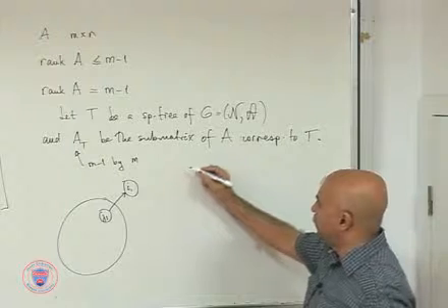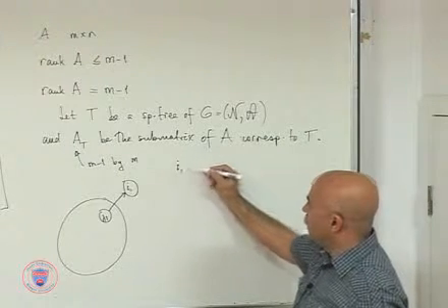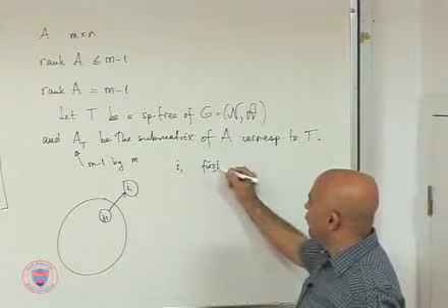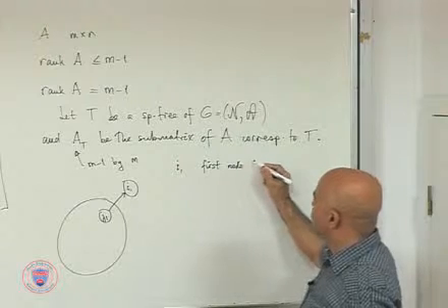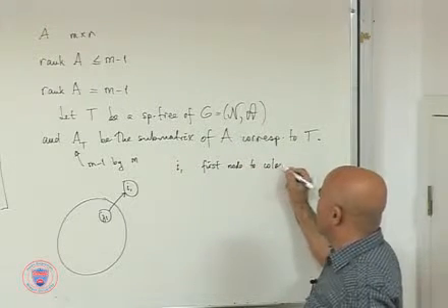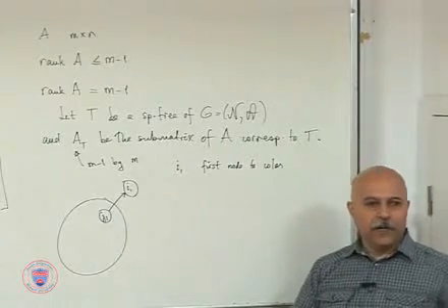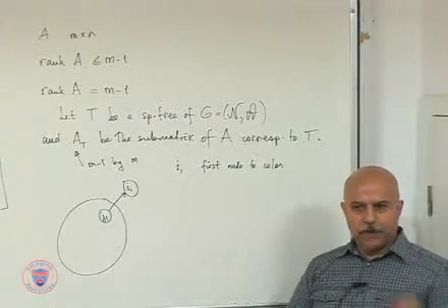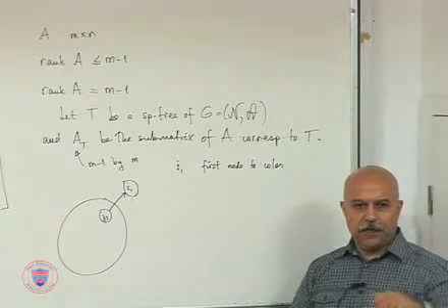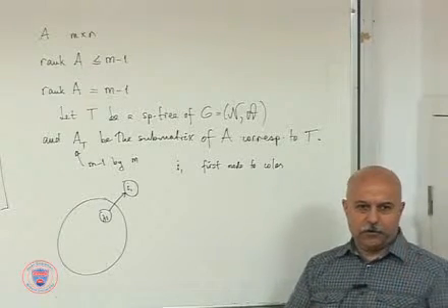So I pick I1 as my first node to, say, color. In other words, initially assume all nodes of the tree are uncolored. And then I'm going to color them one at a time in a certain order.